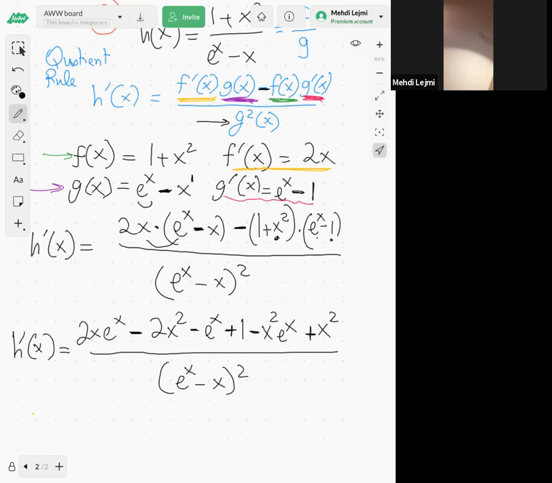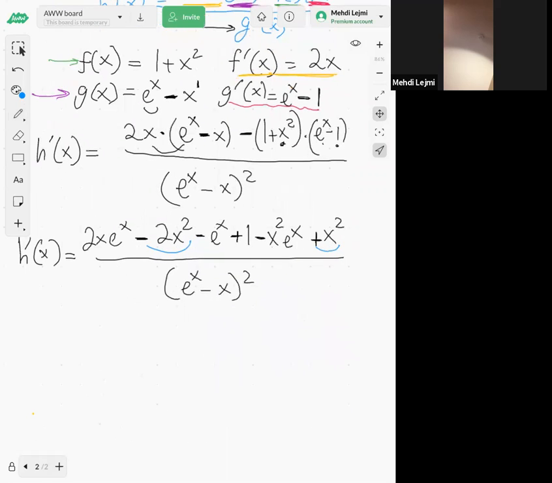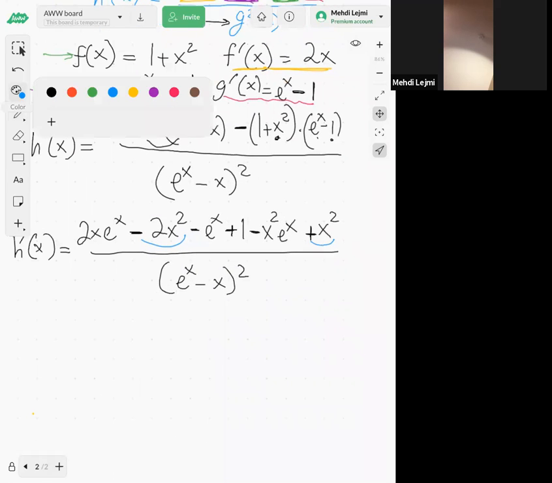So here, there's probably just one simplification. You see, this is minus 2x squared plus x squared, so that'll be minus x squared, right? So there's only one simplification. Again, guys, you have to try to simplify your derivative.